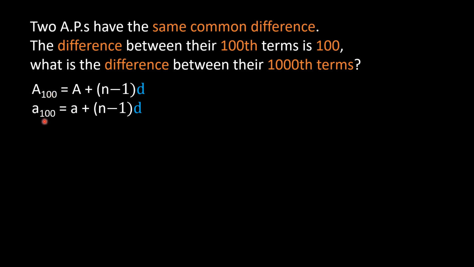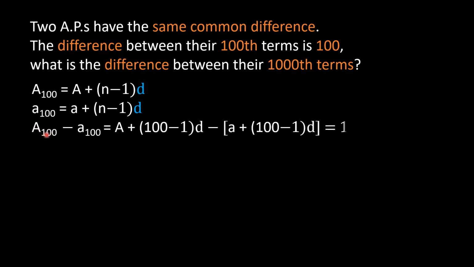So we write capital A100 minus small a100 equals capital A plus 100 minus 1 into D minus small a plus 100 minus 1 into small d, which is given to be 100.